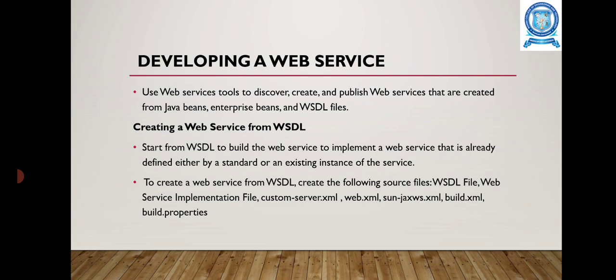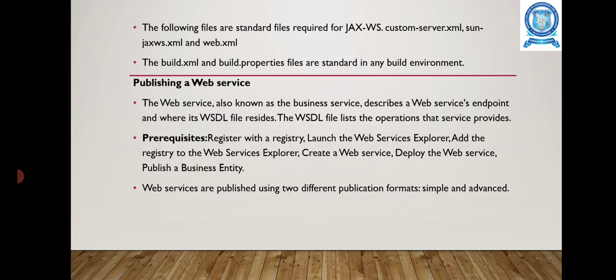These are the required files. The following files are standard files required for JAX-WS: customer service server.xml, sun-jaxws.xml, and web.xml. The build.xml and build.properties are standard in any build environment.